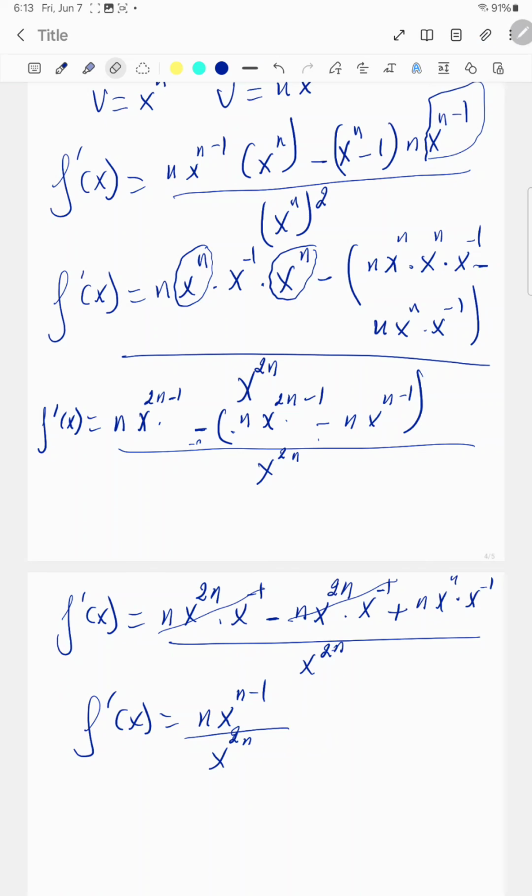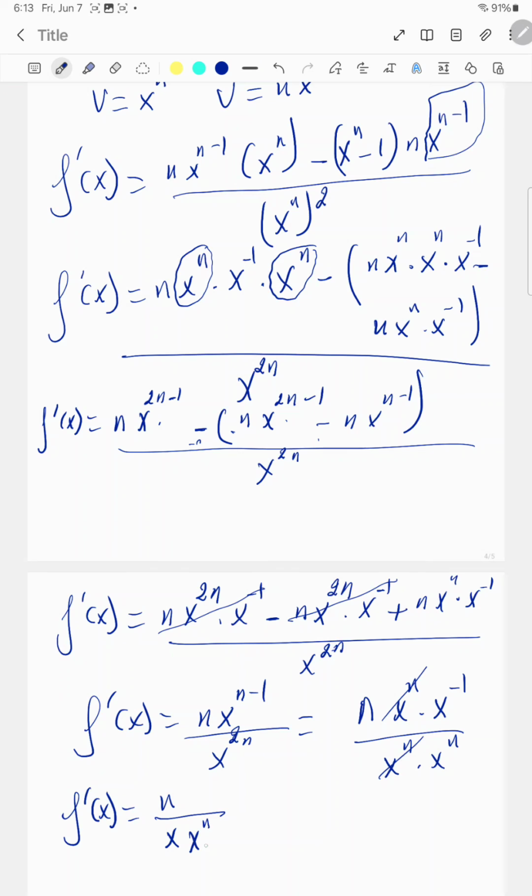So this I can write equal n x to the power n times x to the power minus 1 divided by x to the power n times x to the power n, and this would disappear, and it will equal f prime of x is equal n divided by x times x to the power of n, which is equal n divided by x to the power n plus 1.